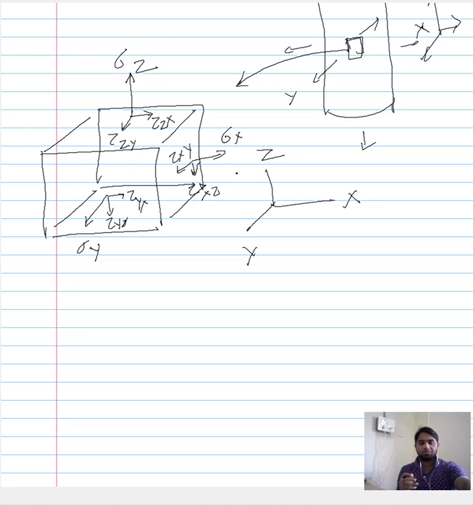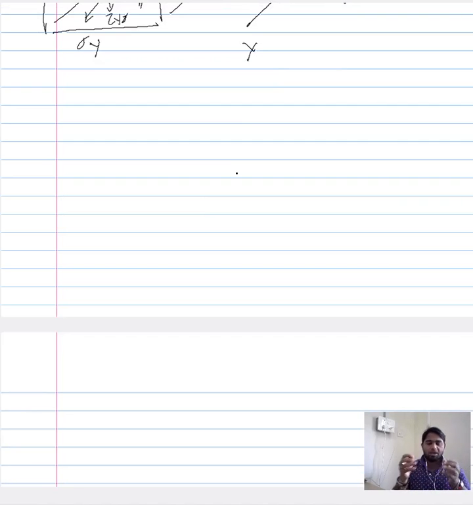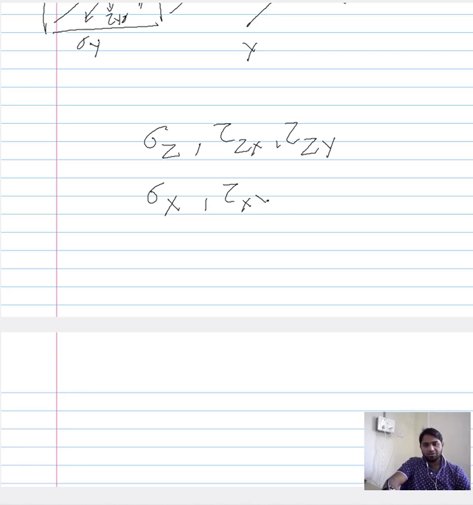Ultimately, in the previous lecture we saw that when you have a triaxial loading, for each axis of loading you need three components, ending up with nine components. If you write it down, for the tensile loading along the z axis you need three components: sigma z, tau zx and tau zy. For the tensile loading along the x axis we have sigma x, the normal stress, and the corresponding shear stresses, tau xy and tau xz.